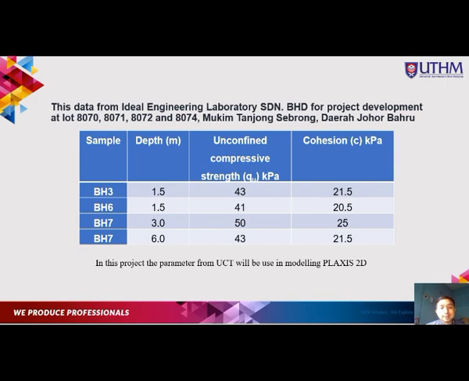These are the parameters for UCS, the maximum UCT result from this report. We summarize them in this table. We will use this maximum unconfined compressive strength value in Plaxis 2D. So that's all from me.